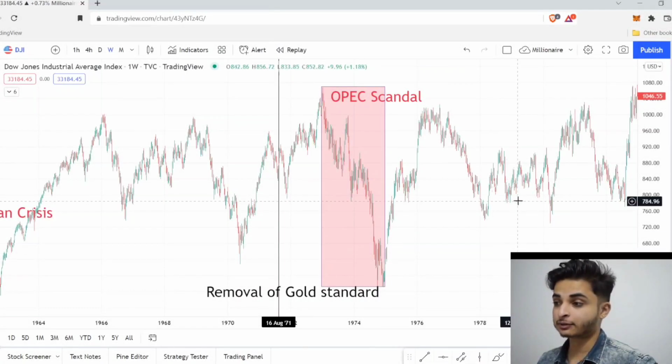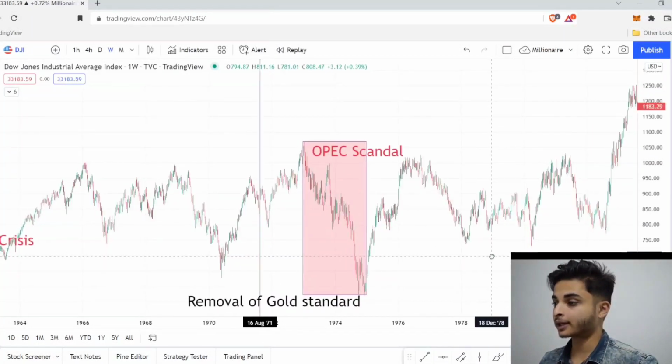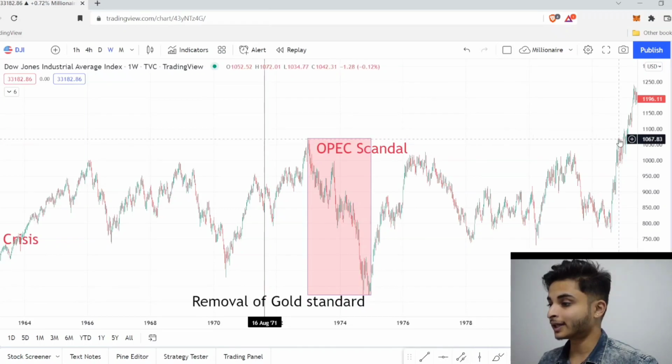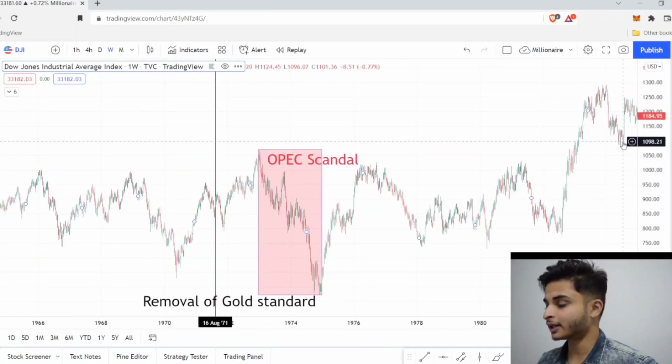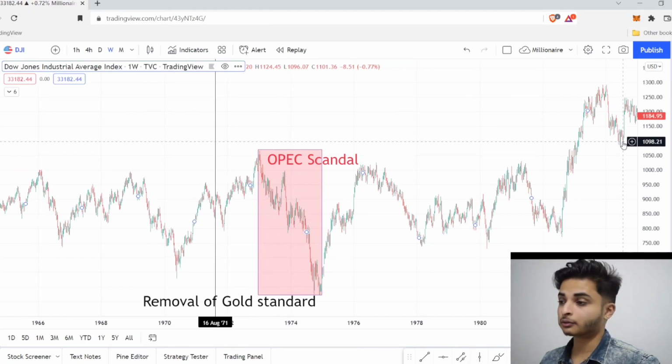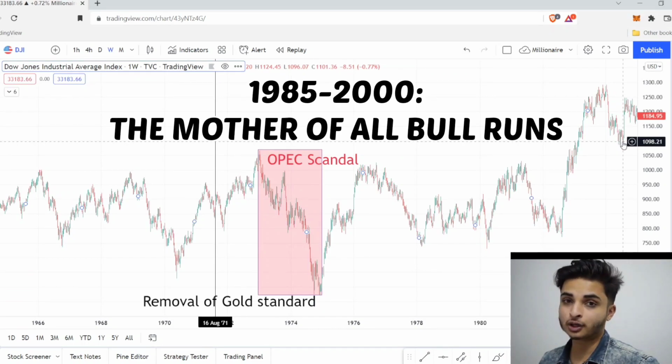After 20 years of being stuck in the sideways zone, the market comes out of the zone in 1982 and there was a small retracement in 1984. From this would start the next bull run, which would be called the mother of all bull runs.